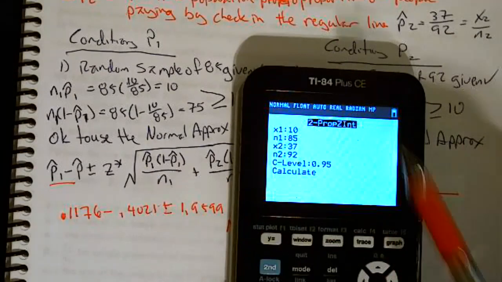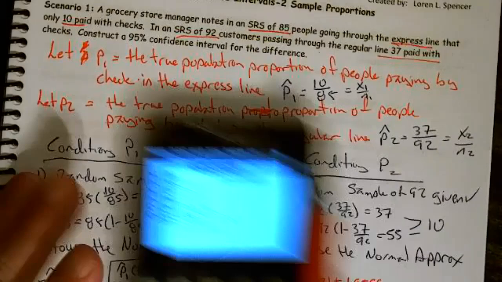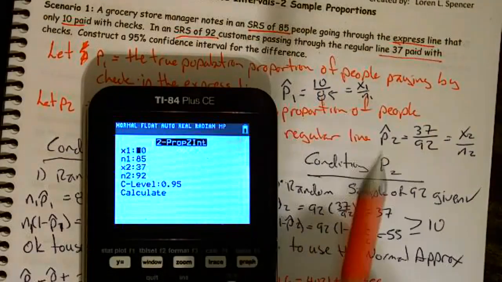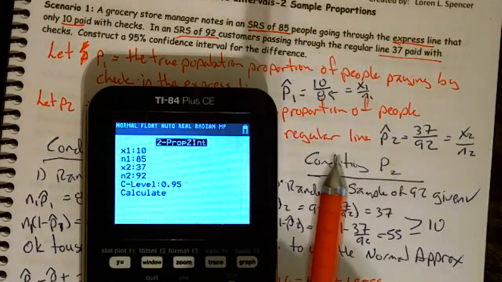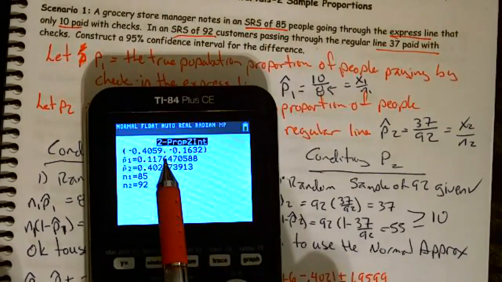And our x1, our numerator was 10 over 85. Then our x2 was 37 over 92. And I want to create a 95% confidence interval. And I press calculate, and there's my interval.